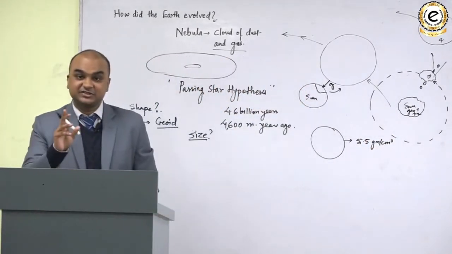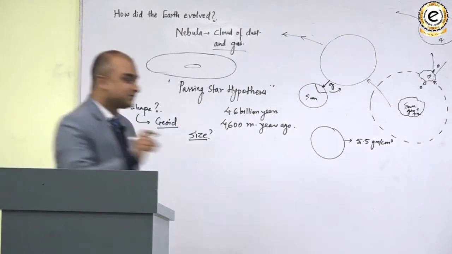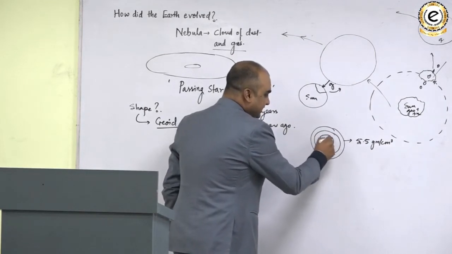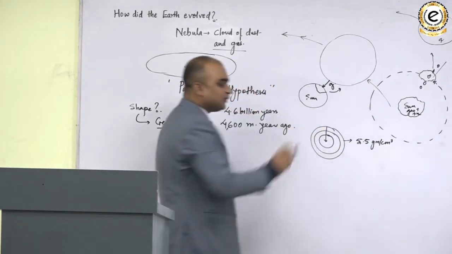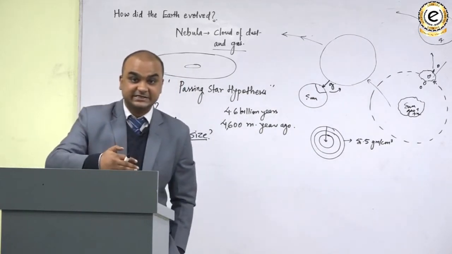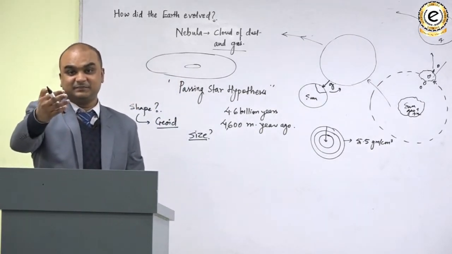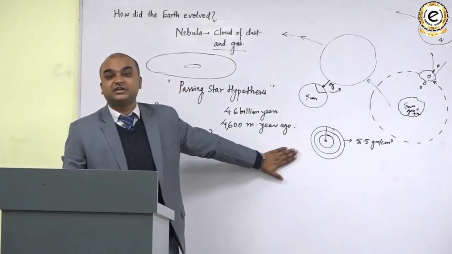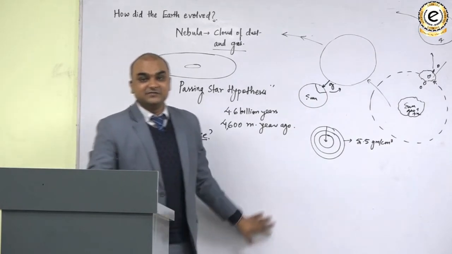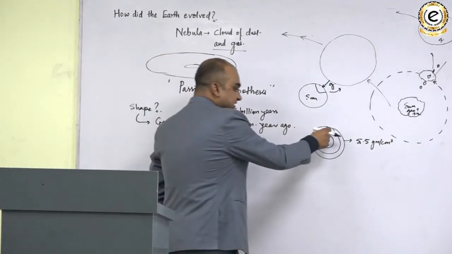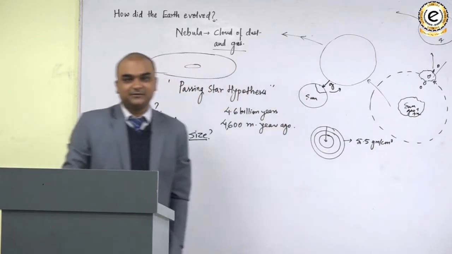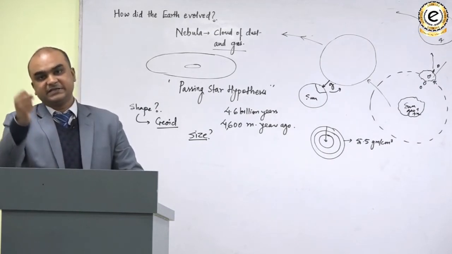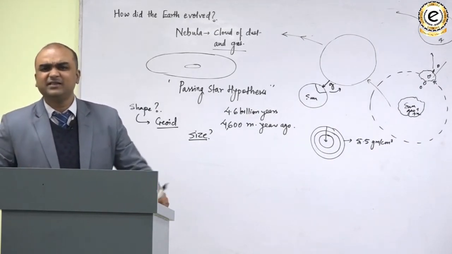But you must keep in mind that as we increase the depth from the surface of the Earth, there is a constant increase in the density. And this has happened because of the process of differentiation. What is differentiation? Differentiation is the process in which the elements arrange themselves in different layers as per the density because the primordial Earth was in a molten state. We already saw this yesterday, right?